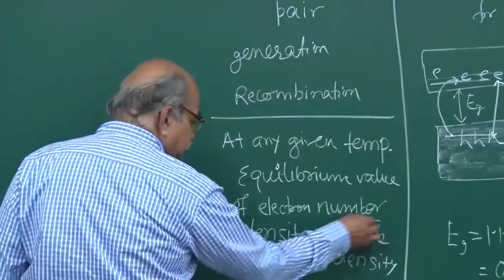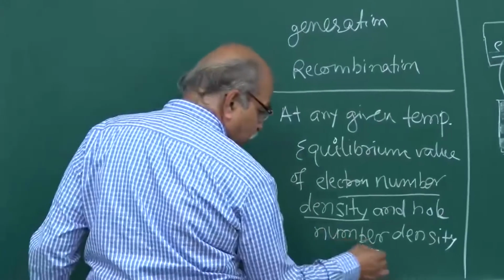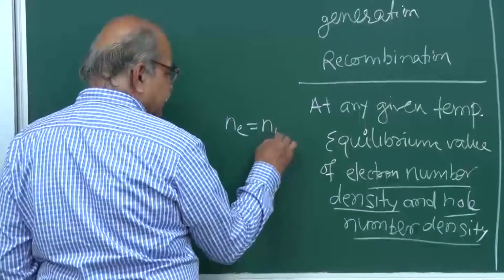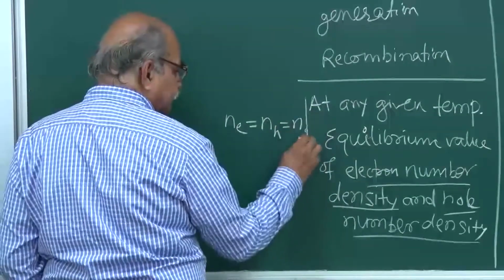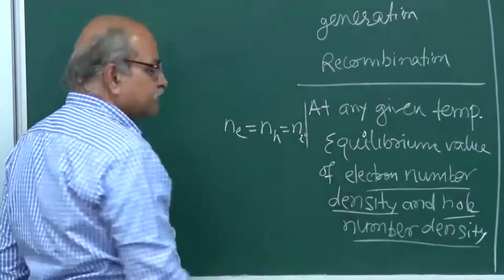So this electron number density we write as Ne, and this hole number density we write as Nh, and this is equal. Sometimes people write this as Ni, I for intrinsic.